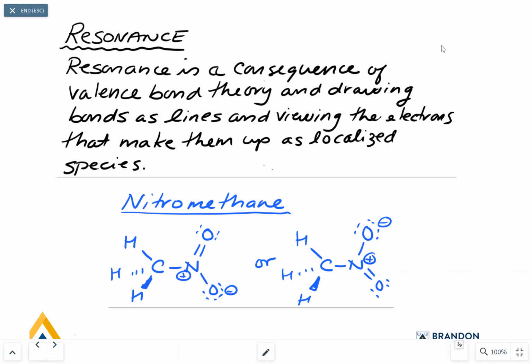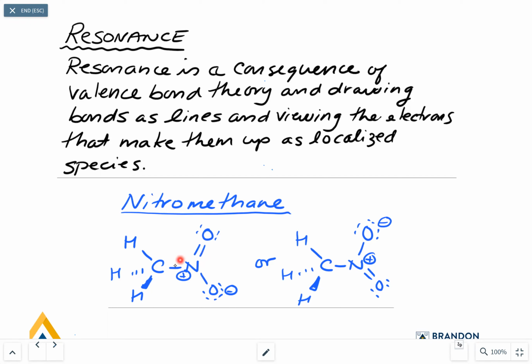And so resonance is one of the things where this comes into play. We use resonance to basically try to better show how things really are. So if we look at nitromethane here, you've got a nitrogen which has got 4 bonds.